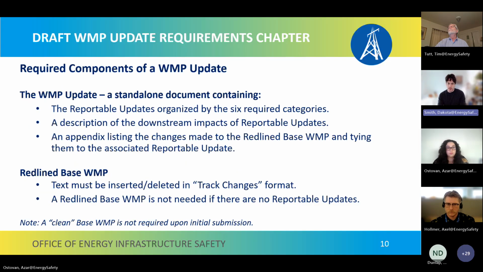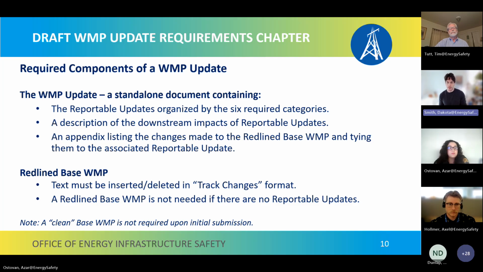Next slide. Yeah, thanks. So the required components of a WMP update. The first is the WMP update itself, which is a standalone document that contains the reportable updates organized by these 6 required categories, which we will talk about in future slides.